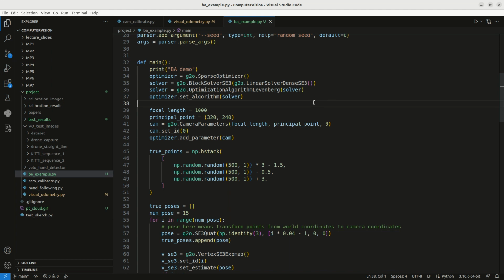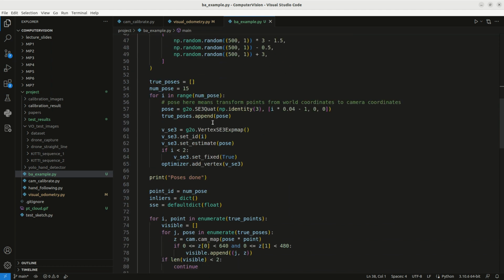One of them is that the matrix is actually sparse, meaning that most of the components of the matrix are zero. So this helps us a lot when solving the nonlinear optimization problem.